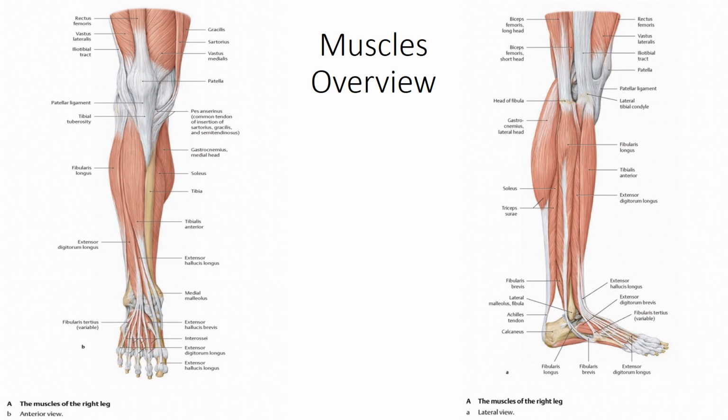Now this is the overview of these muscles. This is the medial surface of the tibia, which is palpable. This is the shin of the tibia, and just lateral to this is the extensor compartment.